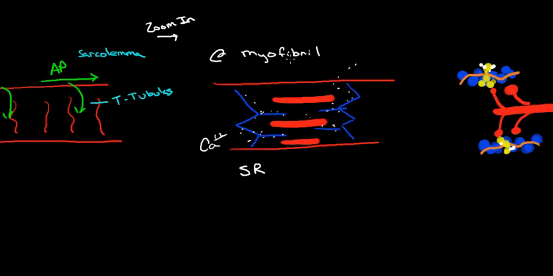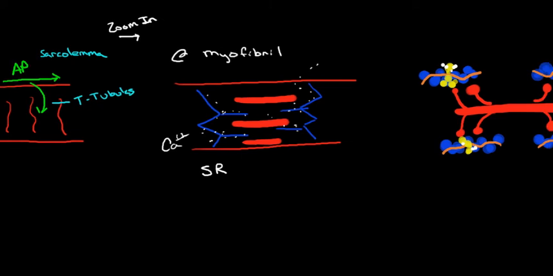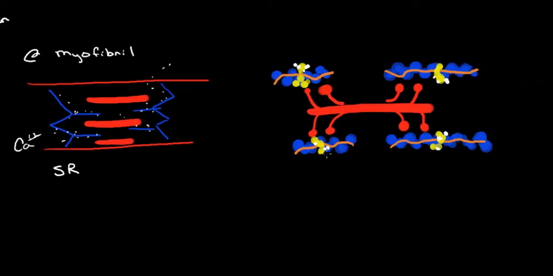At the myofibril, the sarcoplasmic reticulum is releasing calcium, and that calcium binds to a regulatory protein called troponin, or the troponin complex. I've indicated that, like we have in the text, in a yellow color. So that represents troponin. Here troponin is bound with calcium, and as troponin is bound with calcium, it changes its shape. It releases the long filamentous protein, tropomyosin, from the active binding sites on actin.